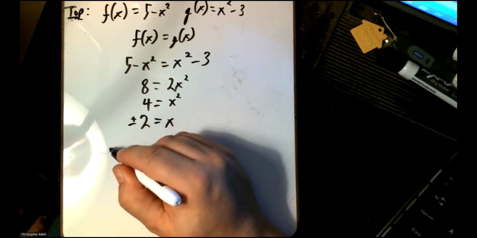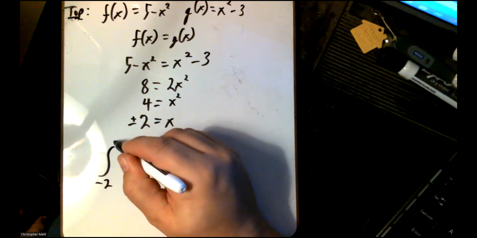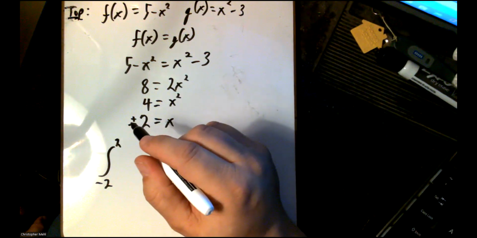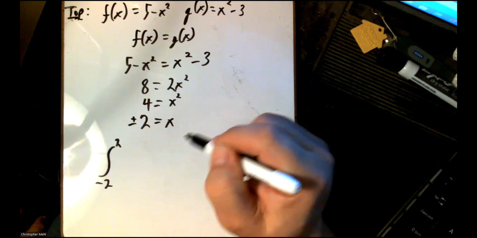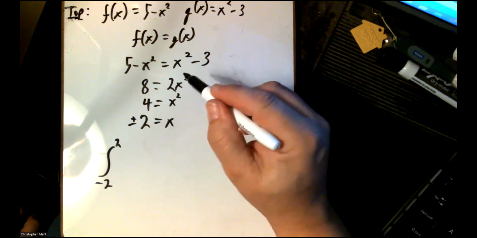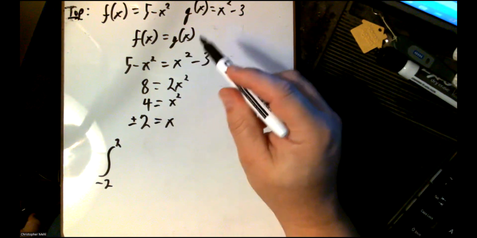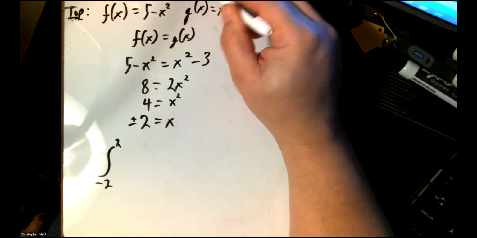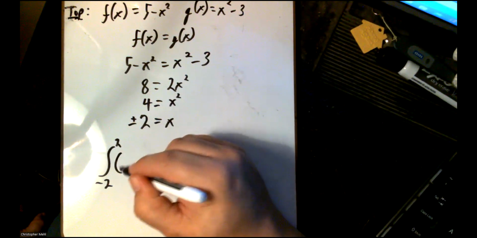So that means I want the integral from minus 2 to positive 2 of this region. Now I need to know which one is on top and which one is on bottom in that region. Graphically, you'd see that 5 minus x squared is going to be on top.